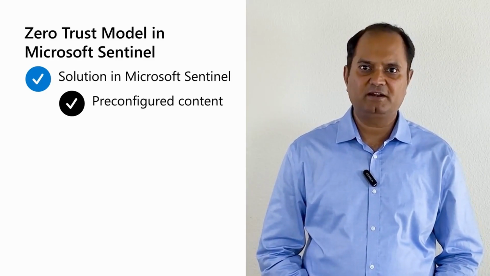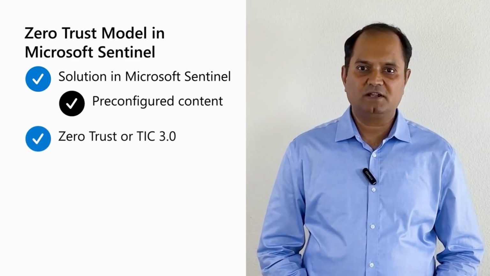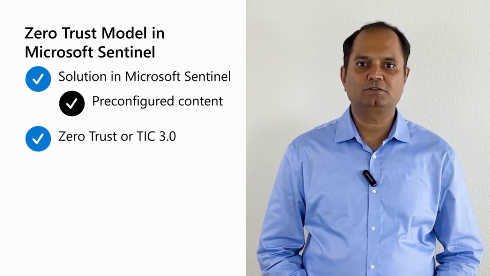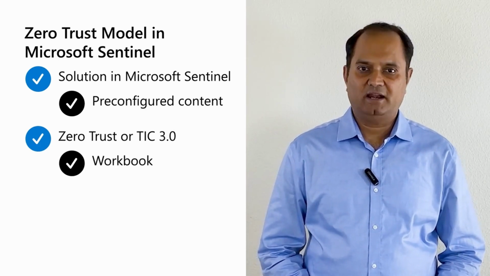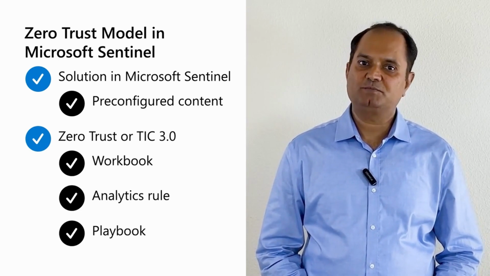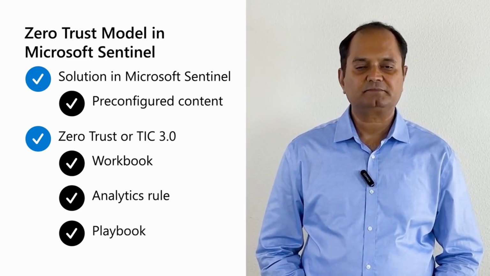The solutions in Microsoft Sentinel are bundled with pre-configured content for a specific dataset. The Zero Trust or Trust Internet Connection 3.0, also called TIC 3.0 solution, includes a workbook, analytics rules, and a playbook, which provides an automated visualization of Zero Trust principles.